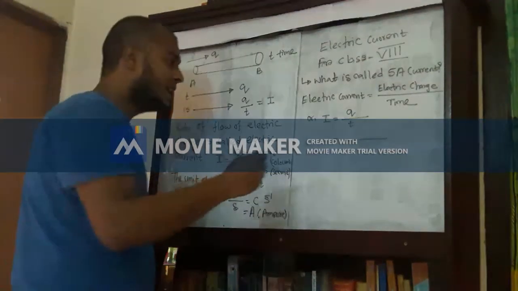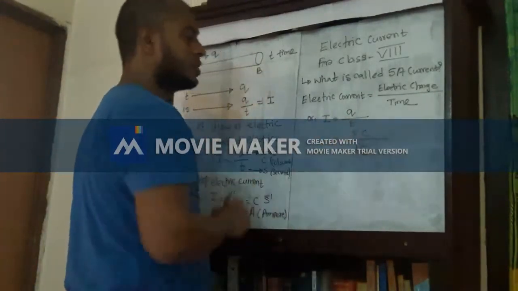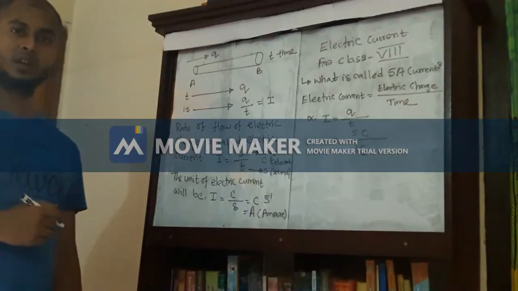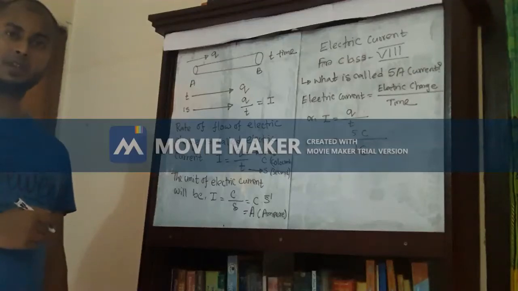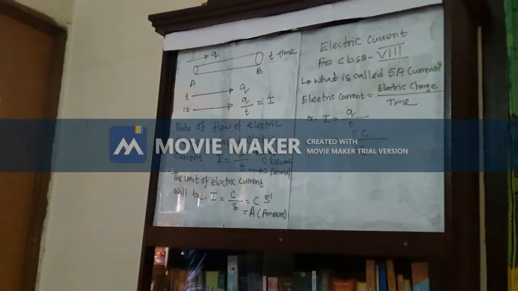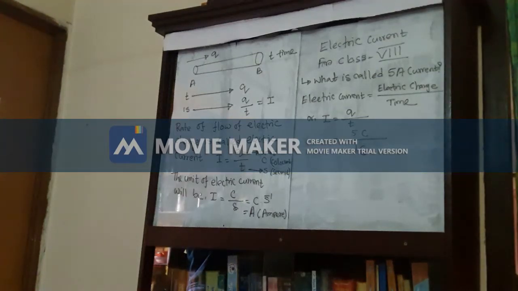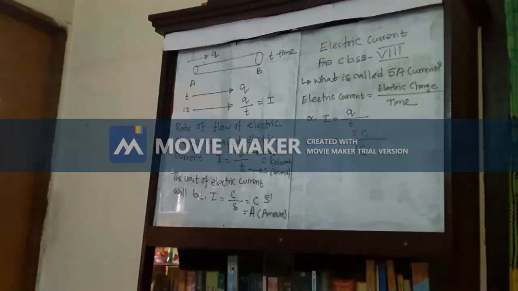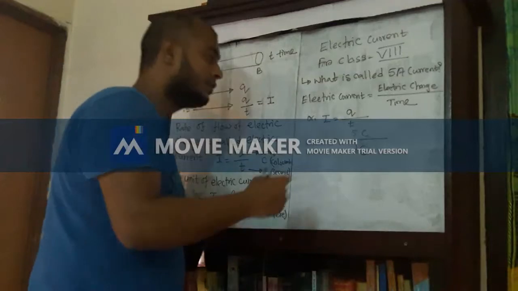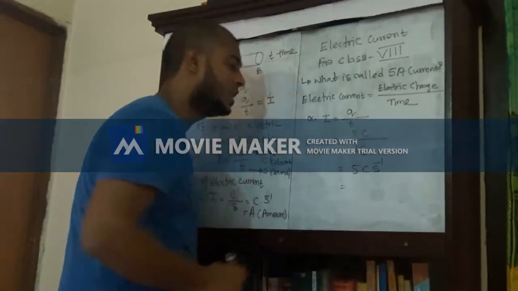So, if I say that after 1 second time, 5 coulomb charge flows through the conductor, then boys and girls, the division format here is 5 coulomb per second, and this coulomb per second will equal to ampere.